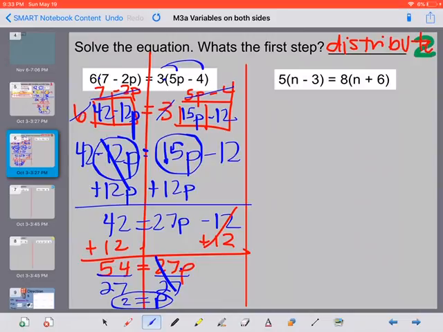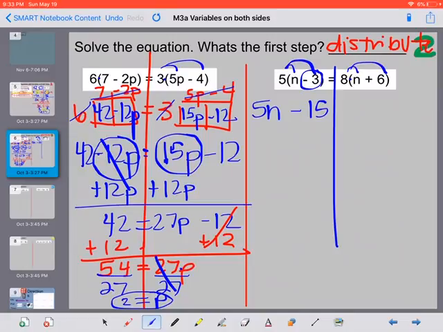Alright, same thing on this next one. We have parentheses on both sides, we need to distribute. If you don't want to draw the box to multiply, you can just multiply 5 times n and get 5n. But be careful, 5 times 3, this is really a negative 3, is a negative 15. And same thing over here, 8 is multiplied by both. 8 times n is 8n. 8 times positive 6 is 48.